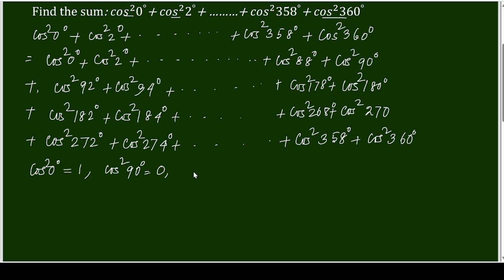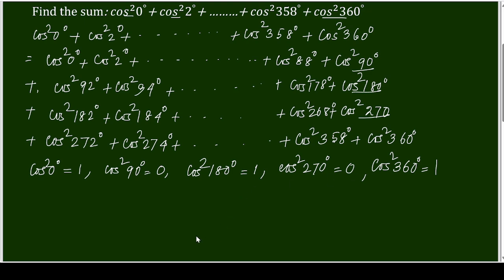Next we know cos square 180. Cos 180 is minus 1, so this will be minus 1 square, which is 1 again. We know cos 270 is again 0, and we know cos square 360 is 1. So these 5 values we have got.